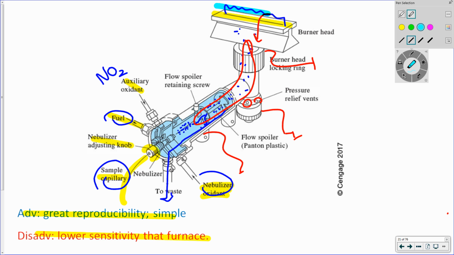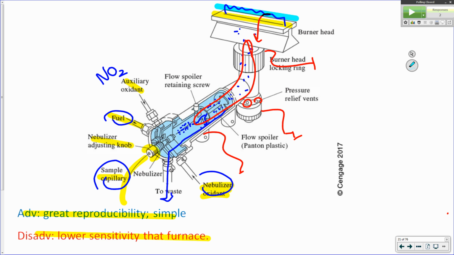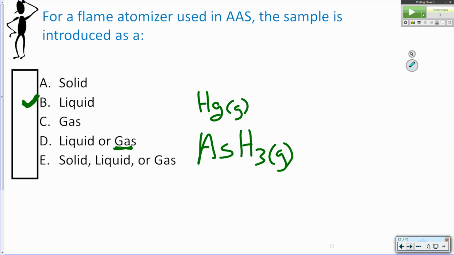And since this has a burn velocity in the hundreds of centimeters per second range, each individual atom is going to be exposed to that beam of light for microseconds to milliseconds. It's going to be a very short period of time. So each individual atom only gets a small chance that it's going to absorb light in the system.